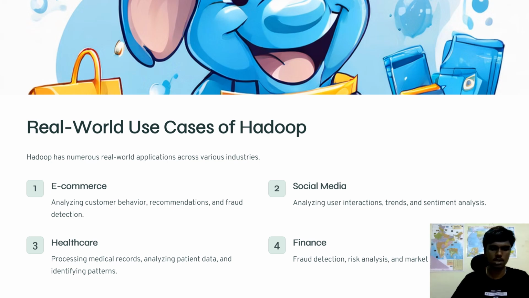The third one being healthcare, processing medical records, analyzing patient data, and identifying patterns. The fourth one being finance, fraud detection, risk analysis, and market research, because these are necessary in the field of finance. Whereas in the field of healthcare, managing the medical records and analyzing the patient data plays a crucial role.